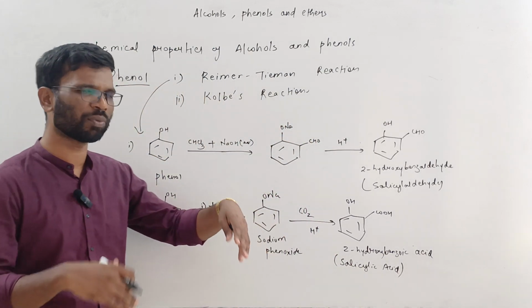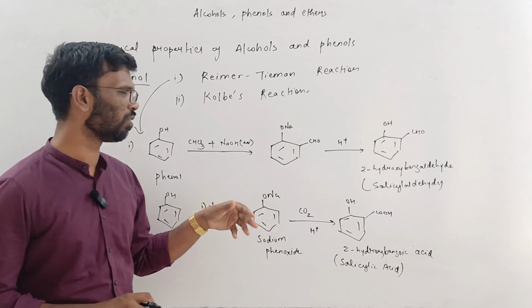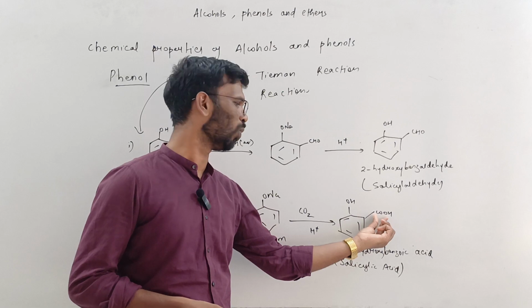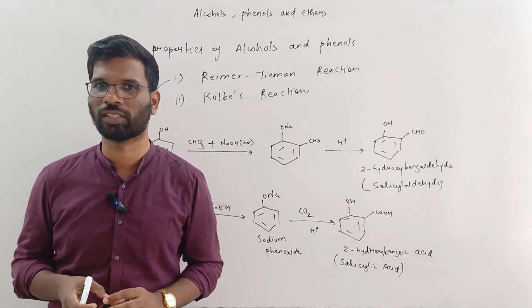Sometimes students get confused between these two reactions, carbon dioxide or CHCl3. Remember carbon dioxide, you see COO. You can take the help of this to remember these two reactions.